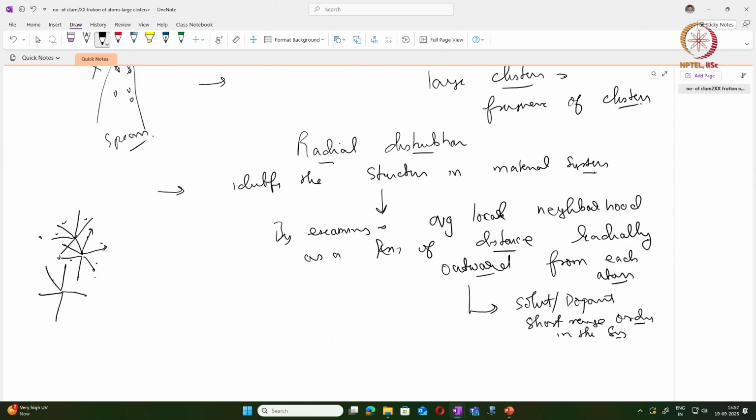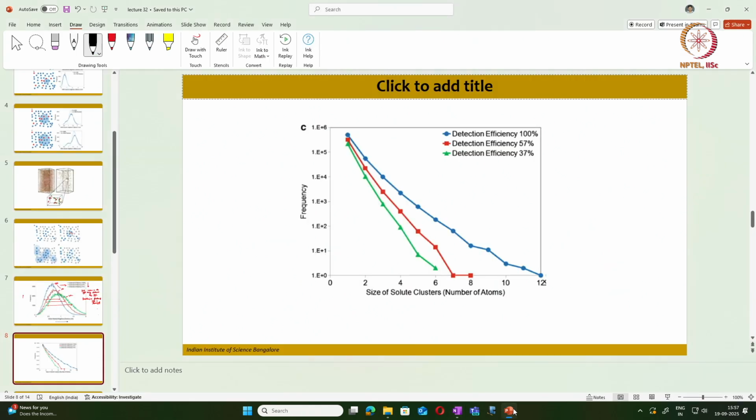And this gives the radial distribution map. Here the volume around each atom is divided into a series of shells, or we can call them concentric shells. Each shell is centered around an increasing radius r and has a thickness of delta r.